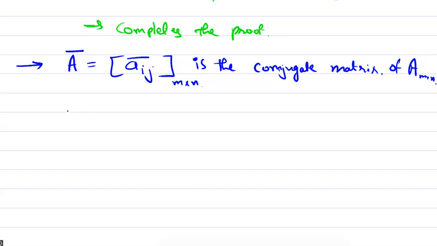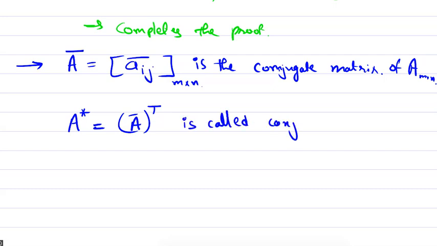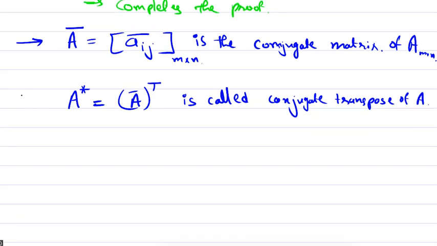For the conjugate matrix you can also think of the transpose, and that is denoted as A star. A star is nothing but the conjugate transpose of A.